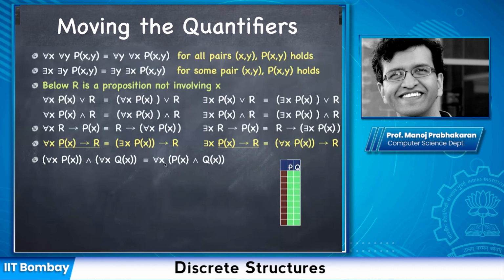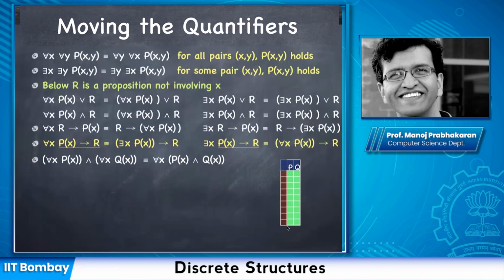How about the right-hand side statement? It says for all x, Px and Qx. If I take the first x, Px and Qx are both true, and it's the same for all x. So for all x, both the cells are lit up, which again says that these two columns and all these rows are lit up.